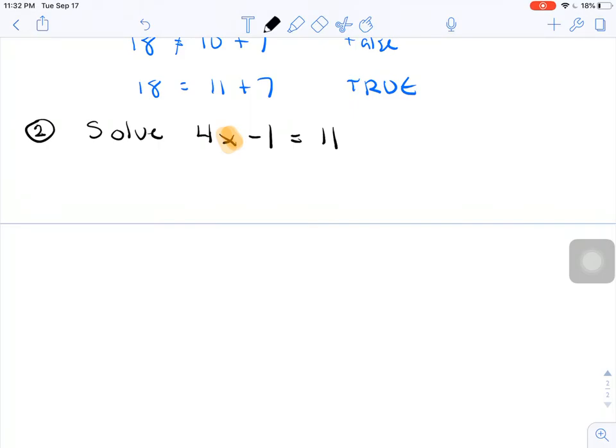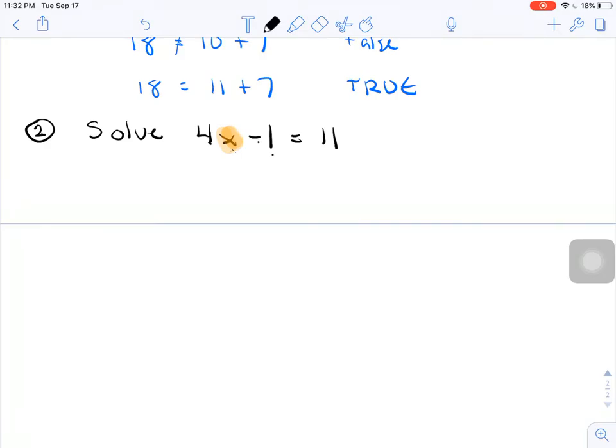So this rule is telling me that I have to take my answer, according to order of operations, multiply it by 4, subtract 1, and then I get 11. So I could work backwards.